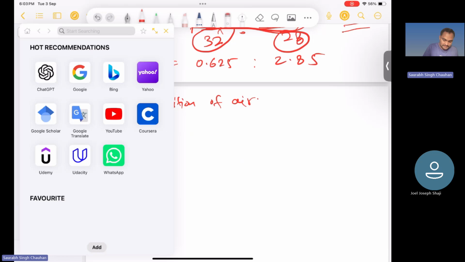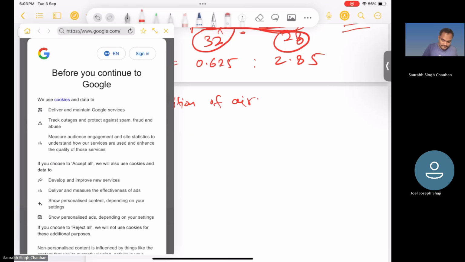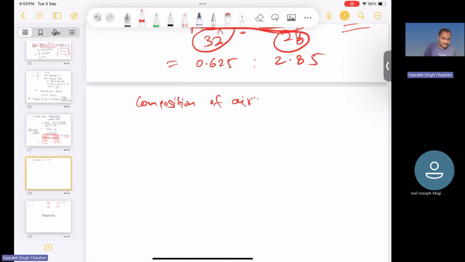Should we Google this? Okay, this is by moles.